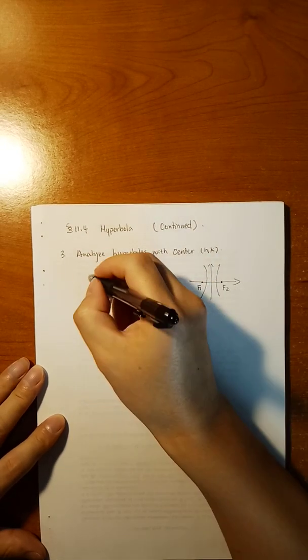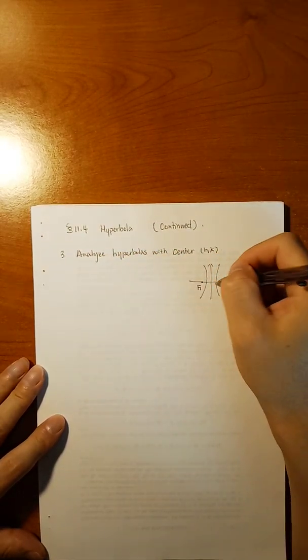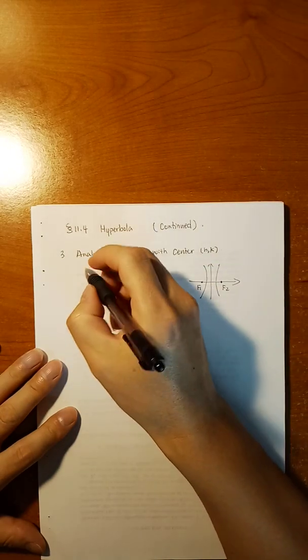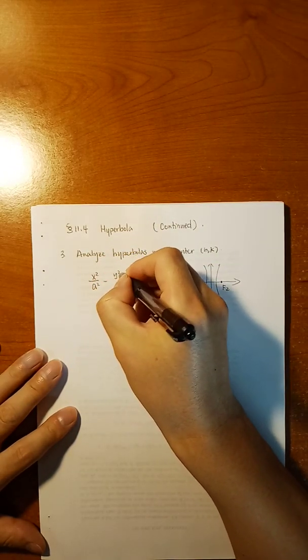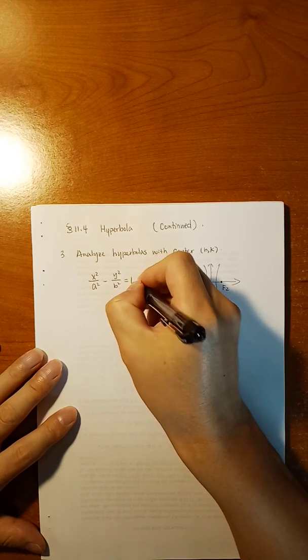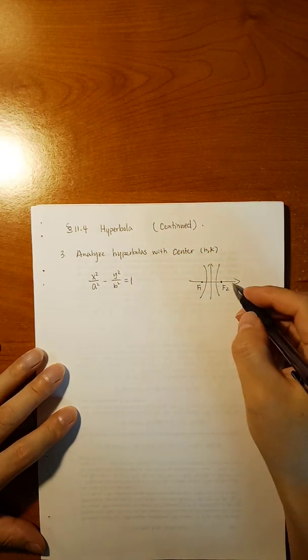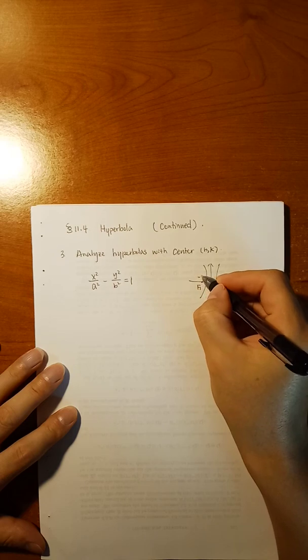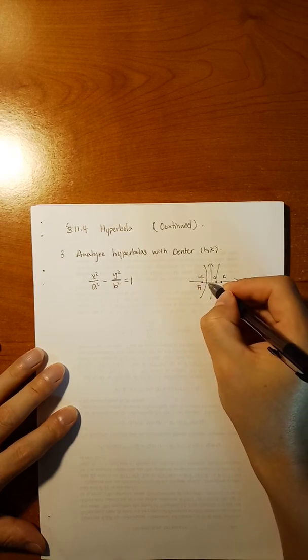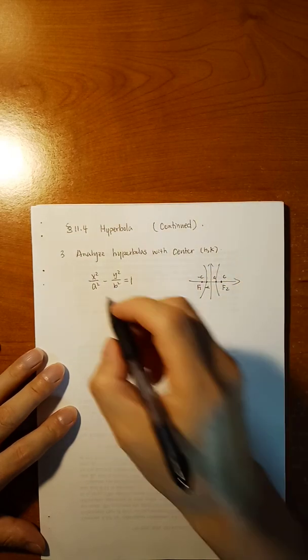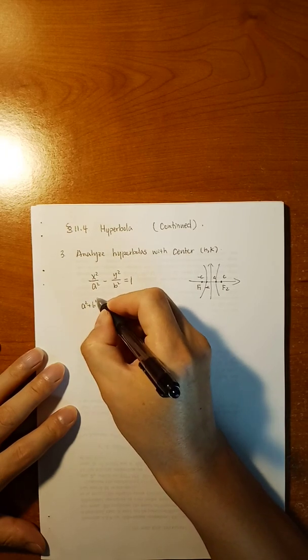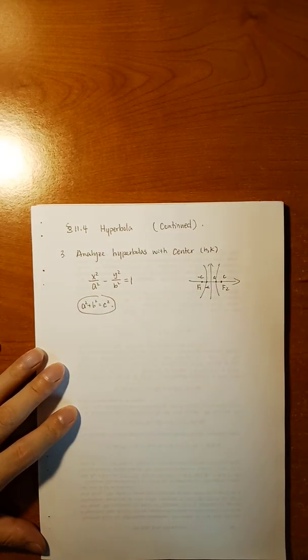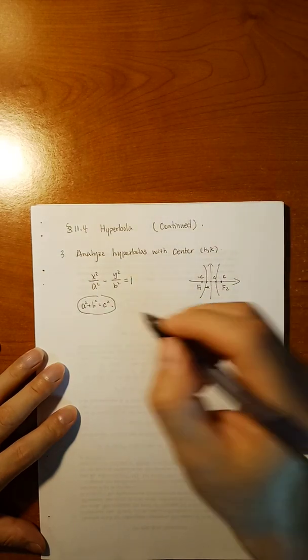If we have this first standard position, then the equation is x squared over a squared minus y squared over b squared, equal to 1. Here the focus is at negative c and c, the vertices at negative a and a. Then a squared plus b squared is equal to c squared. Okay, this is a relation. And the center is (0, 0).